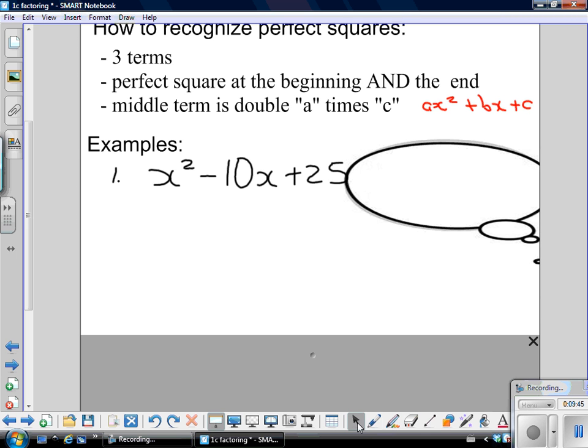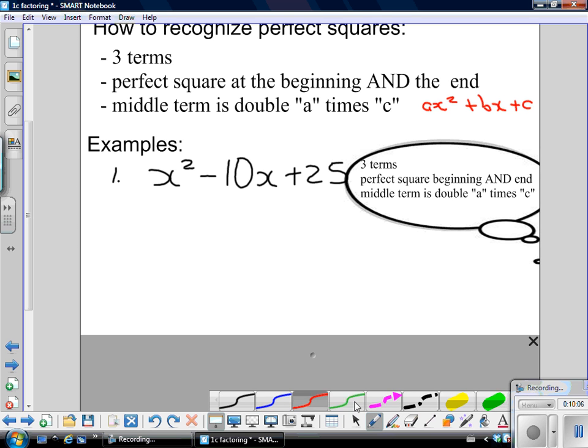So my thinking goes, first of all, I have three terms. There's a perfect square at the beginning, right, because x squared. Square root of that is x. Square root of 25 is 5. And is the middle term, so this is what I have to figure out, is the middle term double a times c?